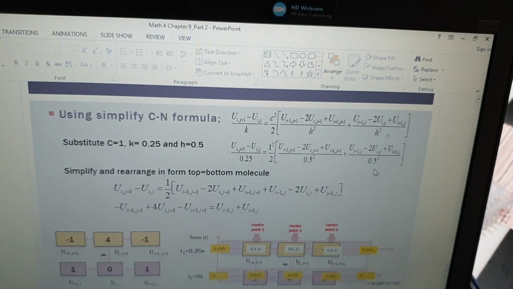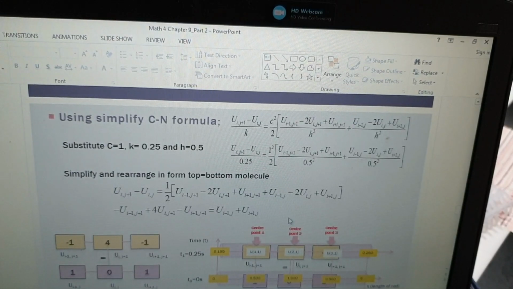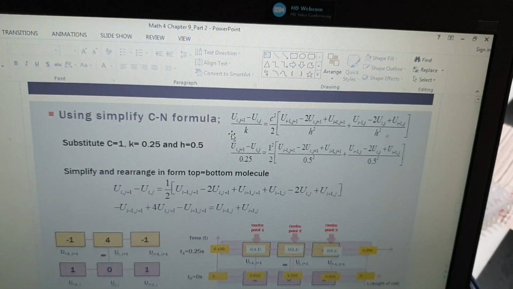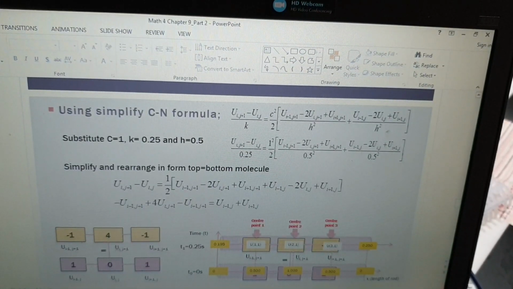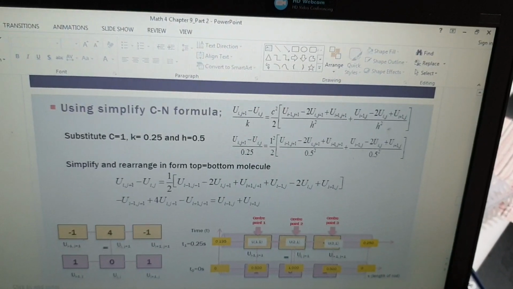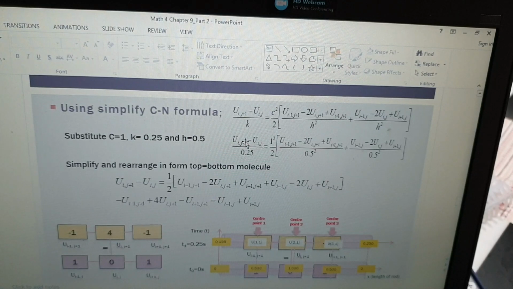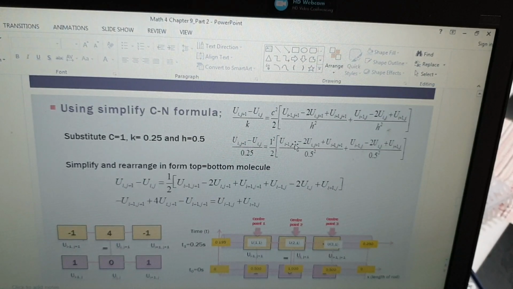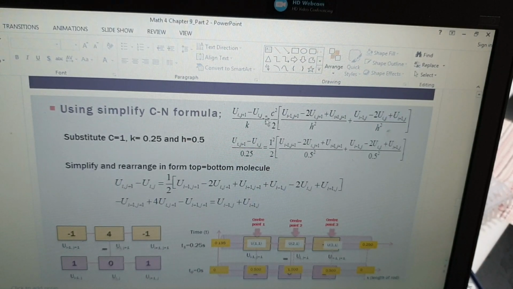Alright, now refer to my slide on page 8 for chapter 9 part 2. This is actually what I have done from the previous explanation. Here is the simplified Crank-Nicolson formula, which I already filled in the values for k and h and also c.